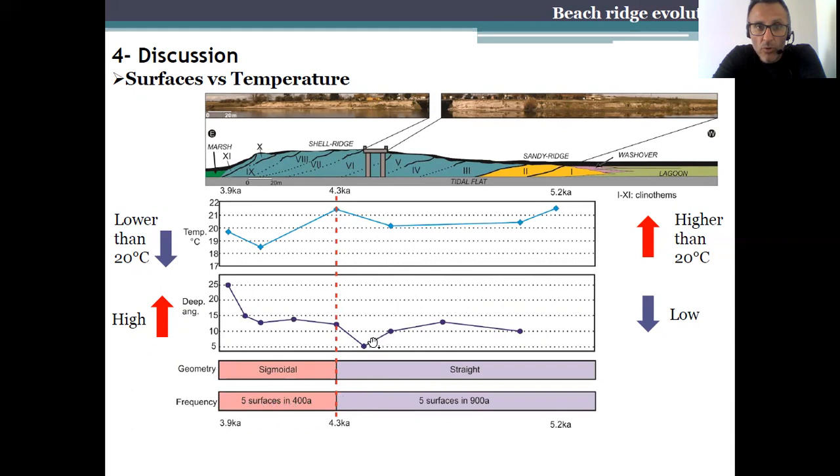So we could interpret that temperature controls the frequency and the intensity of the mechanisms that generate clinoforms, like storms or major events of beach erosion.